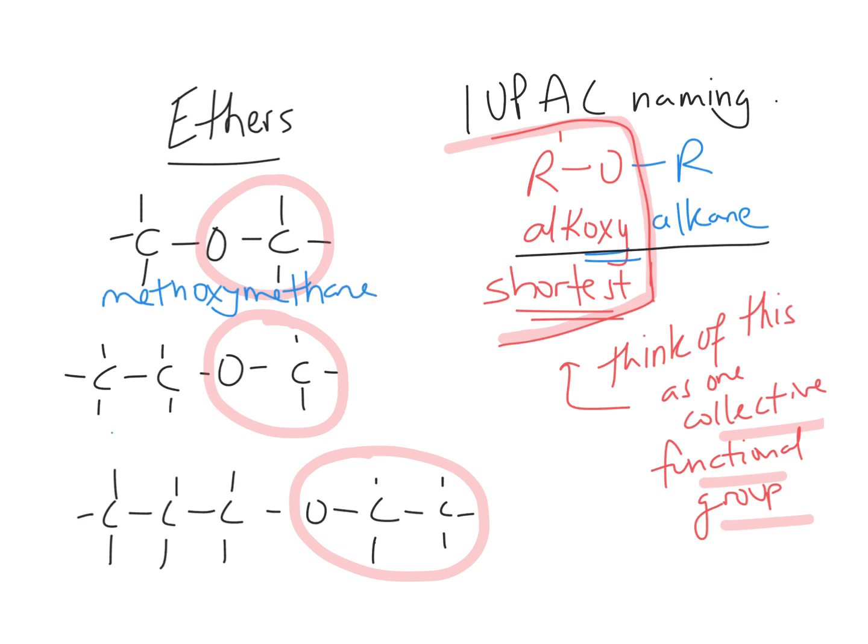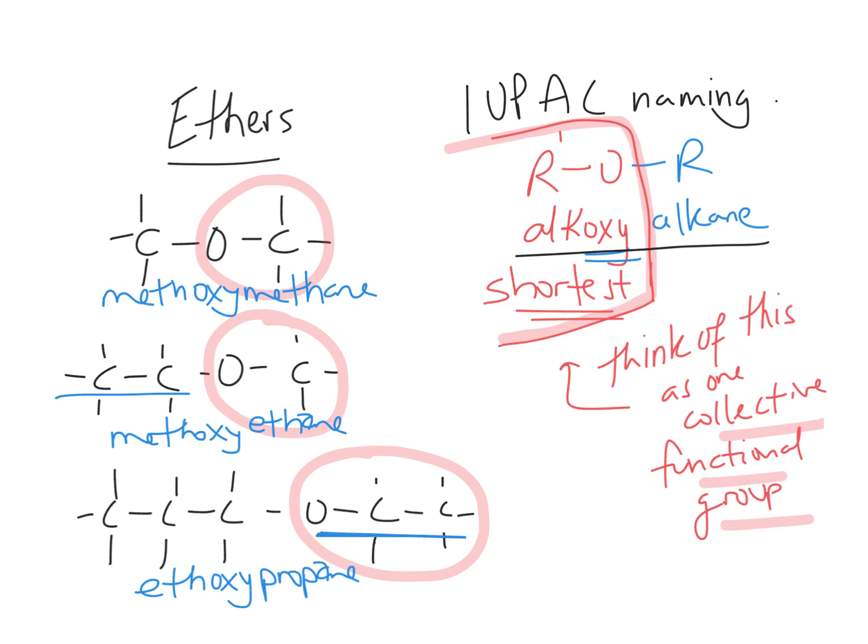This one would also be methoxy, but we now have an ethane over there, so it's methoxyethane. And this one would be ethoxypropane. So you see how the shortest carbon chain also gets to hang on to the linking oxygen in an ether, and that's how you name it.